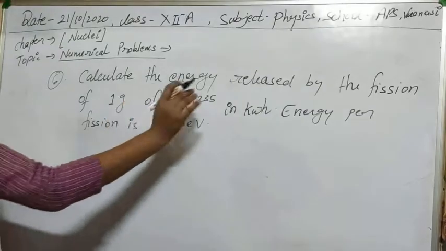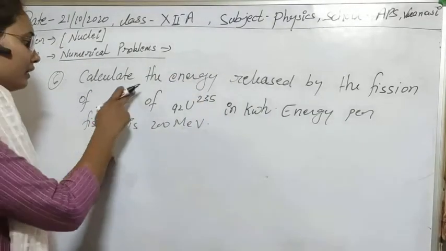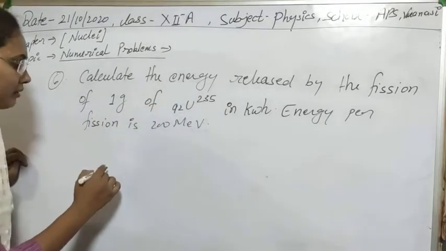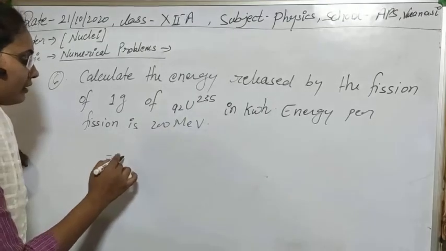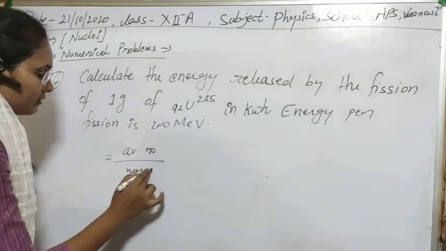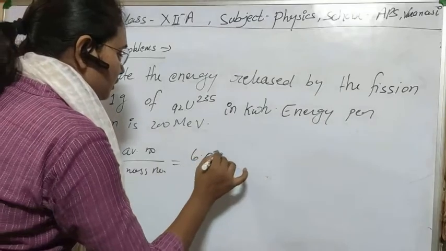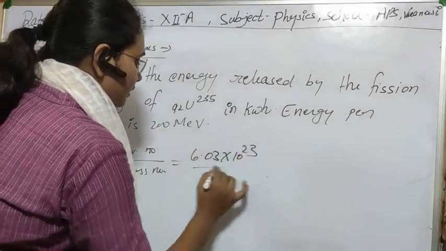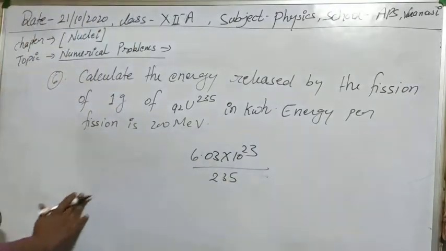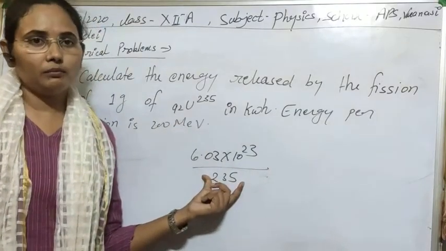First of all, we have to calculate the number of atoms in 1 gram of uranium. In 1 gram of uranium, the total number of atoms will be Avogadro number upon mass number. So the Avogadro number is 6 into 10 to the power 23, upon mass number 235. This is the total number of atoms present in uranium-235.